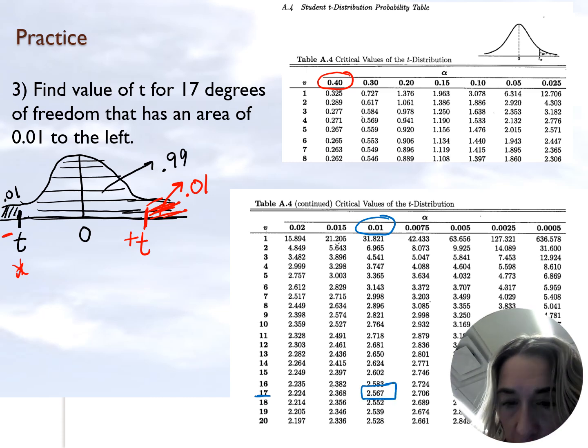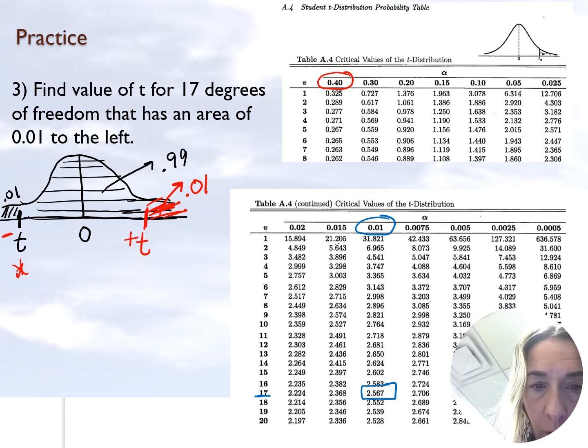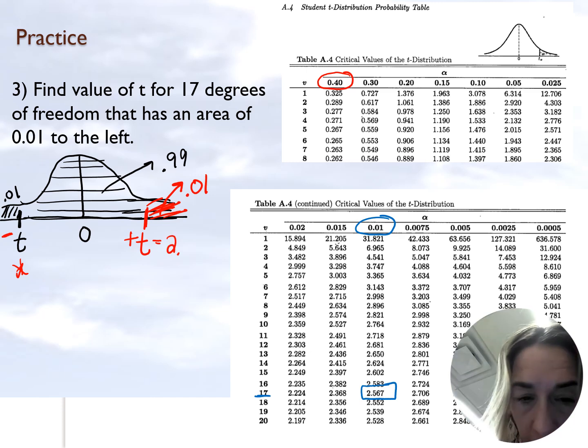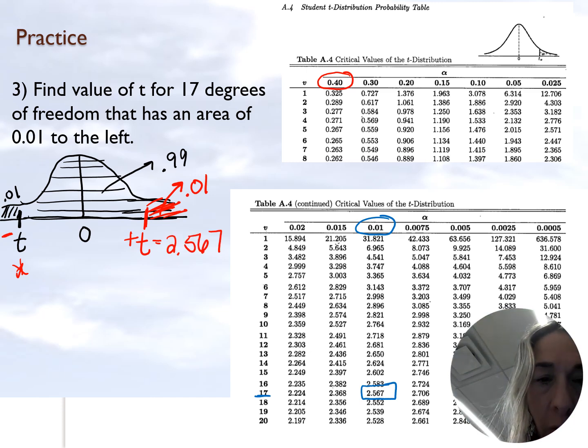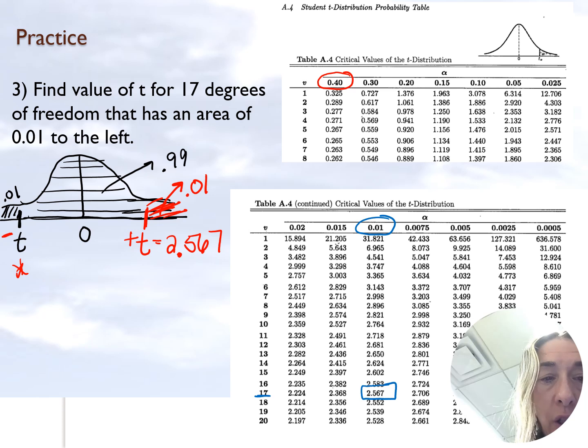is 2.567. So this value of t with 0.01 to the right is 2.567. As we said, due to symmetry, the value that we're looking for is actually equal to negative 2.567.